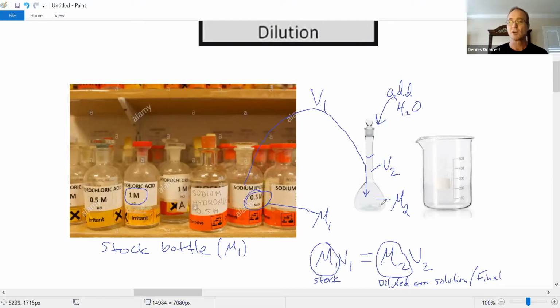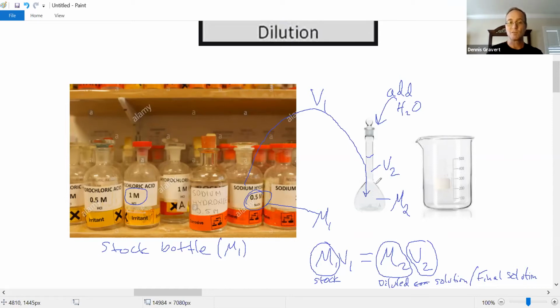It's what's in your beaker or your volumetric flask. And also in the procedure, you'll have some information saying how much you need. And you'll probably make a little extra, so you make sure you don't have to make more if you spill some. So you have 3 of these numbers and you calculate the missing one. How much volume are you supposed to take out of the stock bottle?